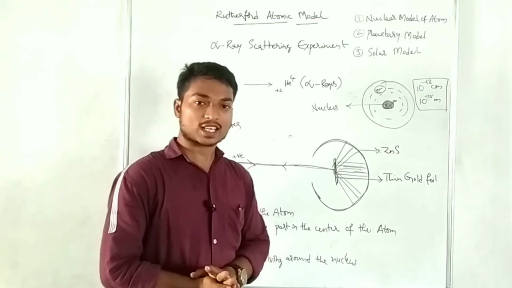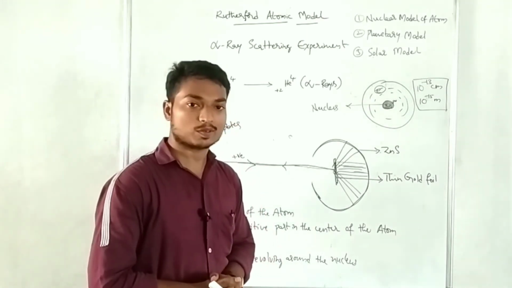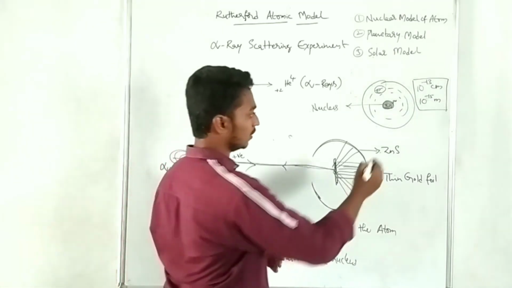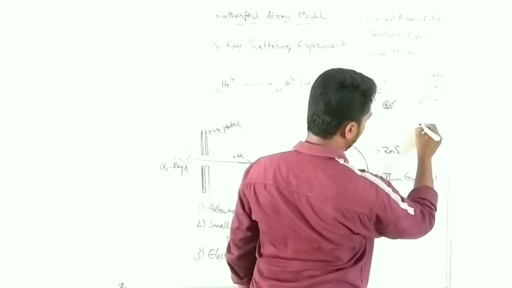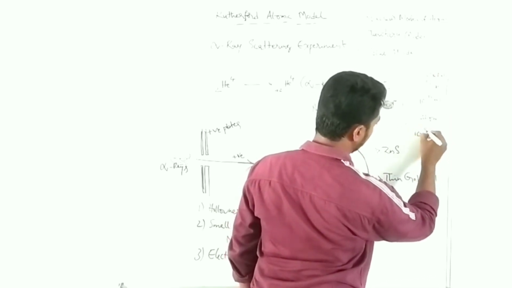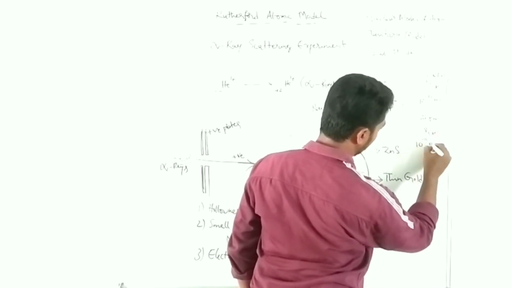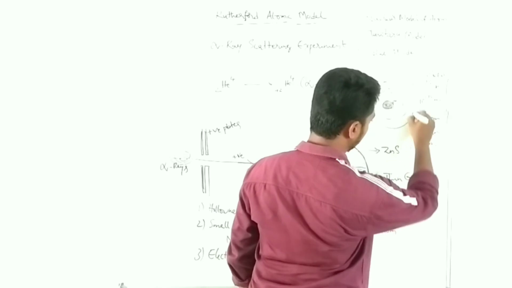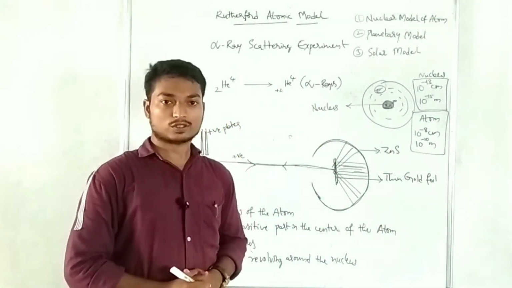The radius of the atom is about 10 to the power of minus 8 centimeters or 10 to the power of minus 10 meters. This information is also given by Rutherford.